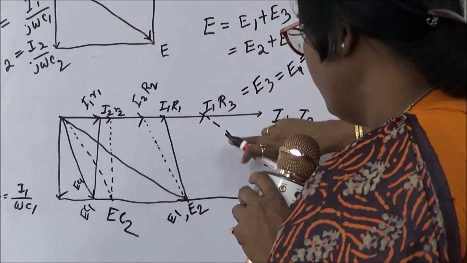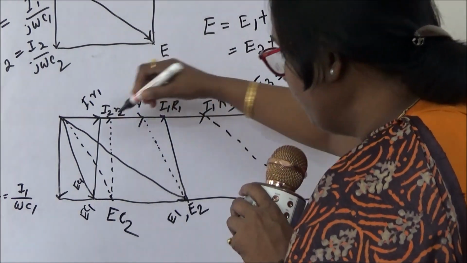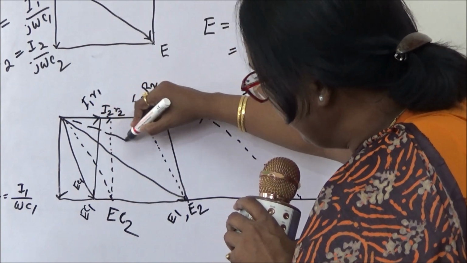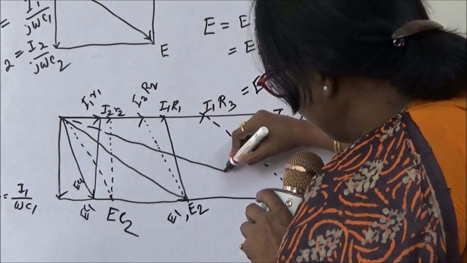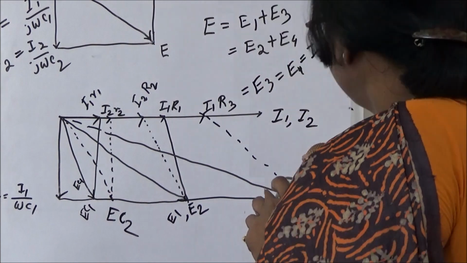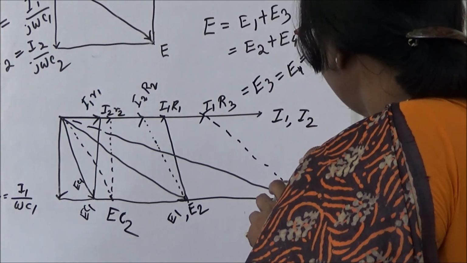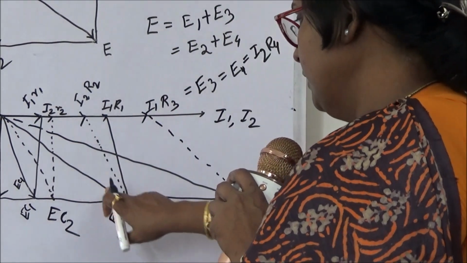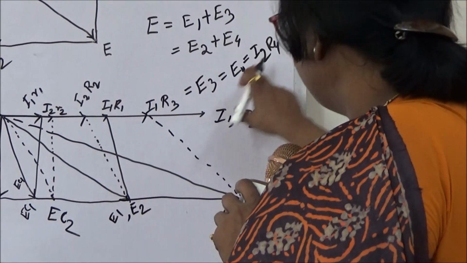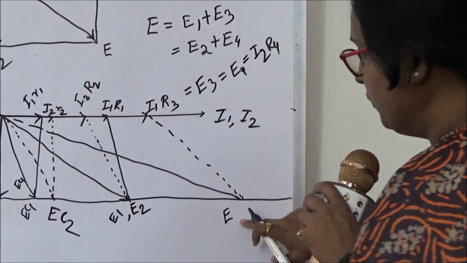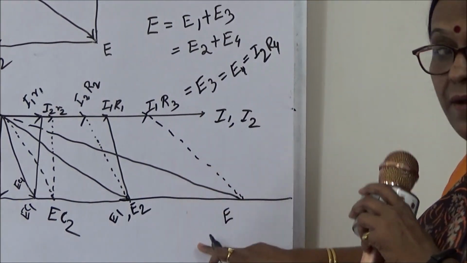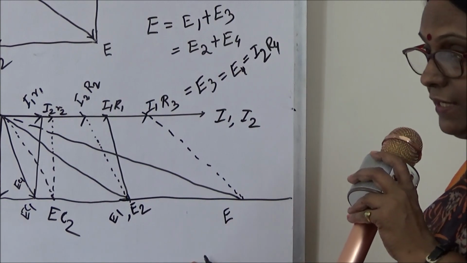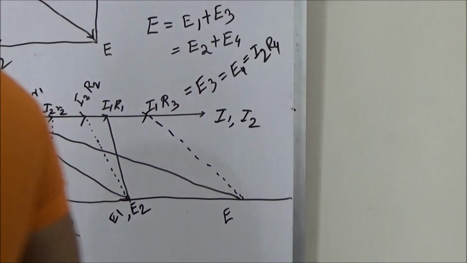Phasor sum of E1 plus E3 is equal to E. So this is my E. Similarly, this is E2, E2 plus E4 is equal to E. So this one is the modified Sauty bridge phasor diagram.